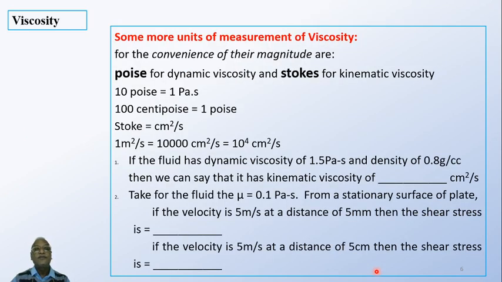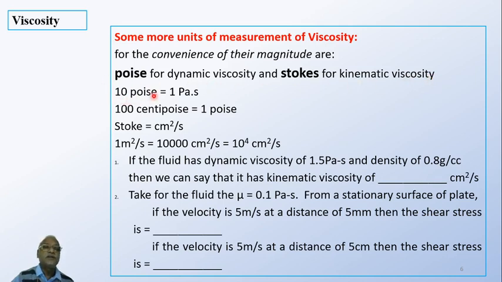Because of that, we adopt some other units. Here, Poise is the unit for dynamic viscosity, and Stoke is the unit for kinematic viscosity.